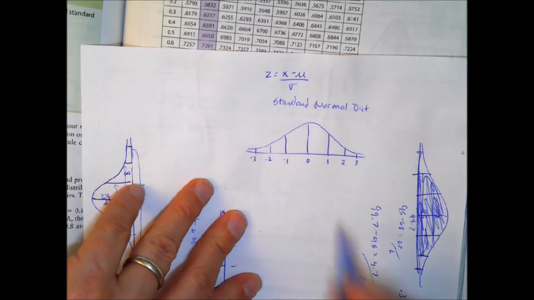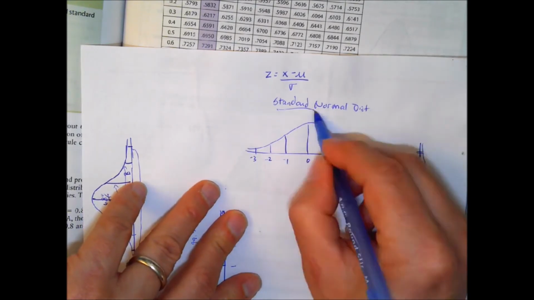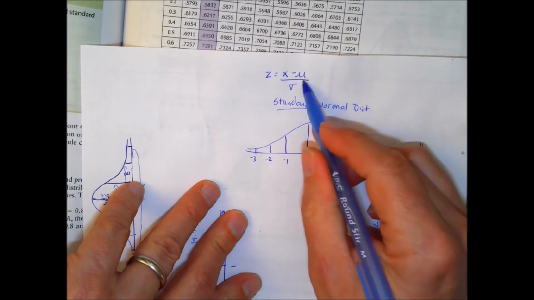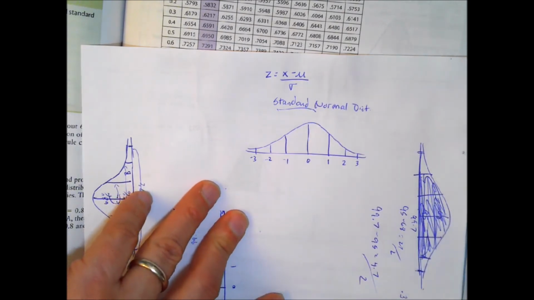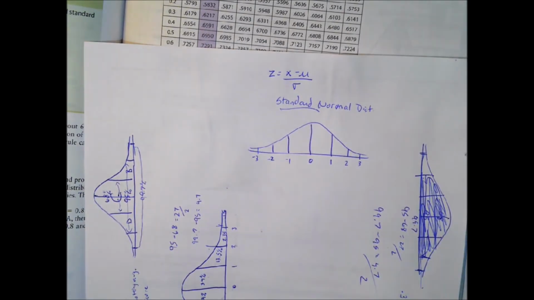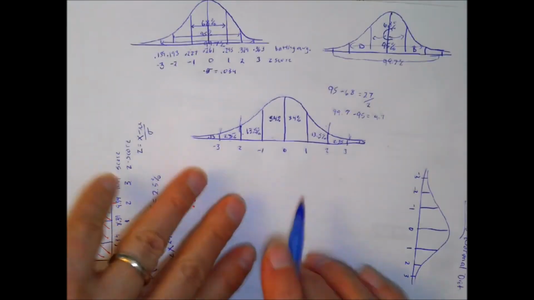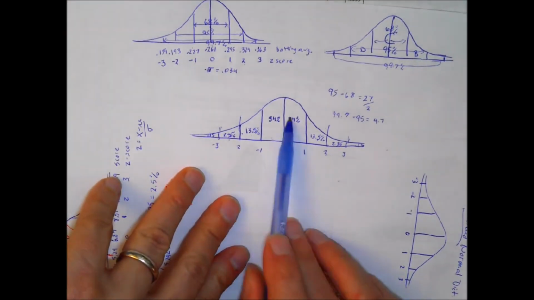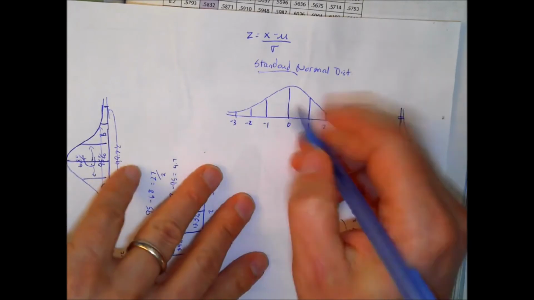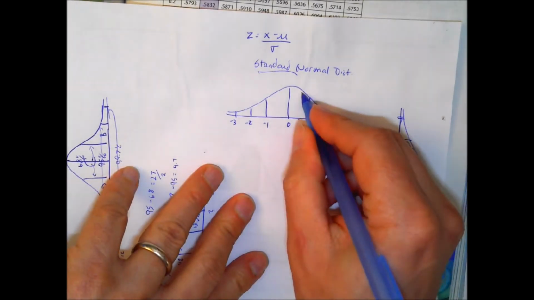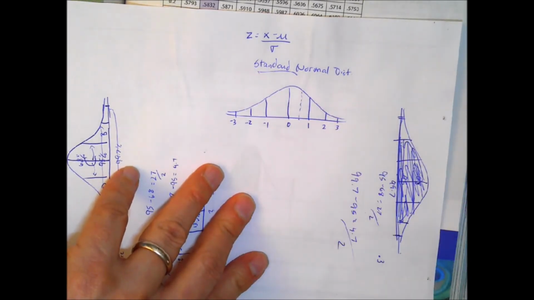So when it says the standard normal distribution, we're looking at the z-scores. We figured out how to find areas if it's exactly on one of these numbers, right? But what if I have a z-score of, like, right here?